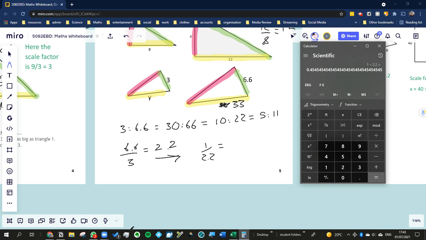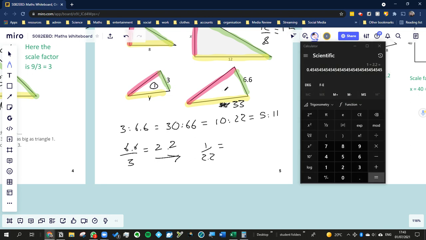Going back the other way, let's say this is triangle 1, this is triangle 2. The first scale factor was going from 1 to 2. Now we're going to go from 2 to 1, so the other way. So the scale factor this time is going to be 1 over 2.2, which is 0.45.